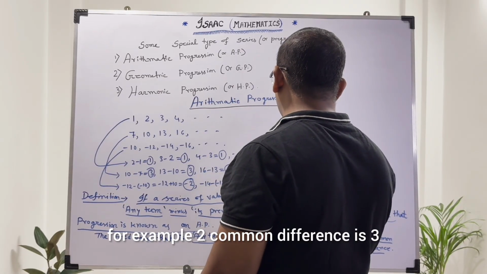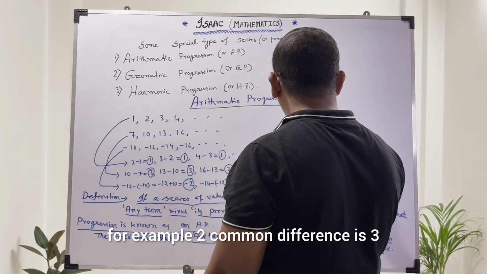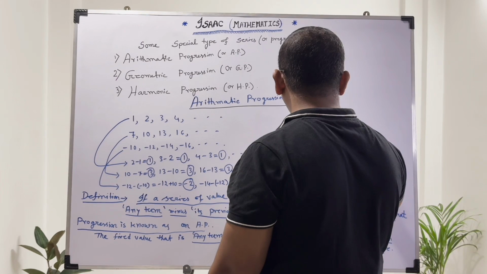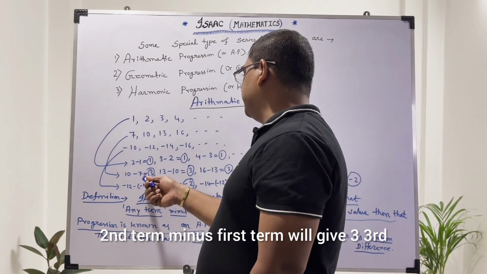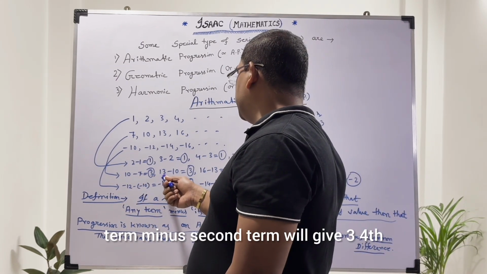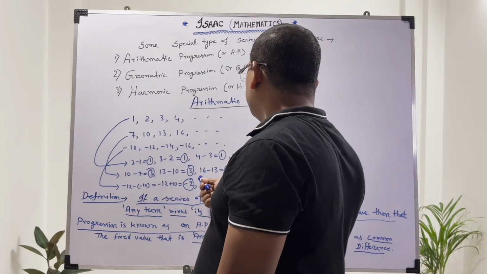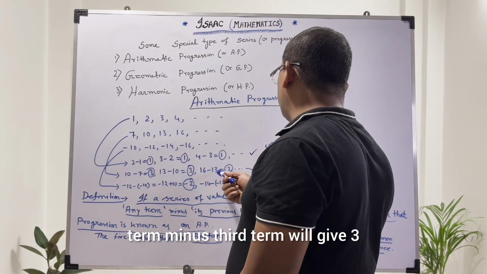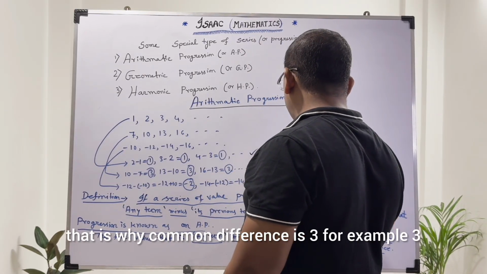For example 2, common difference is 3. Second term minus first term will give 3. Third term minus second term will give 3. Fourth term minus third term will give 3. That is why common difference is 3.